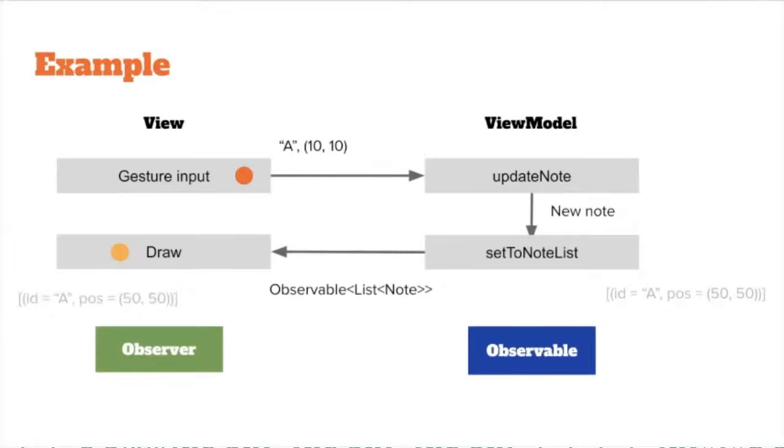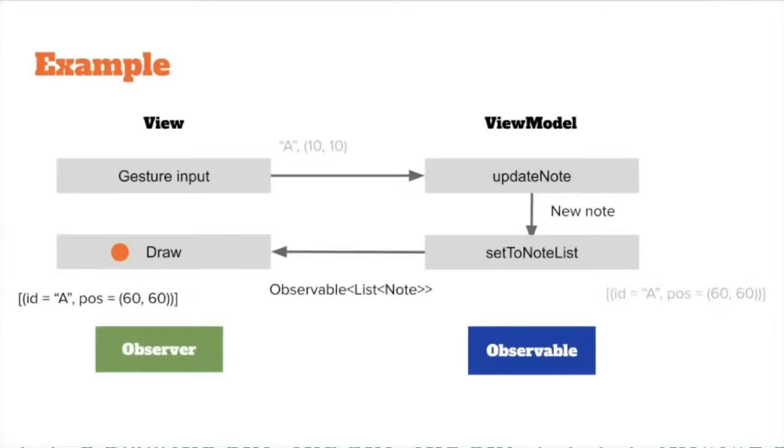And then there might be a gesture input from the user, which will produce a delta x of 10 and y of 10, and send this latest information to the view model. The view model produces a new node, which has a position of 60 and 60. And then sends the latest node to the node list.